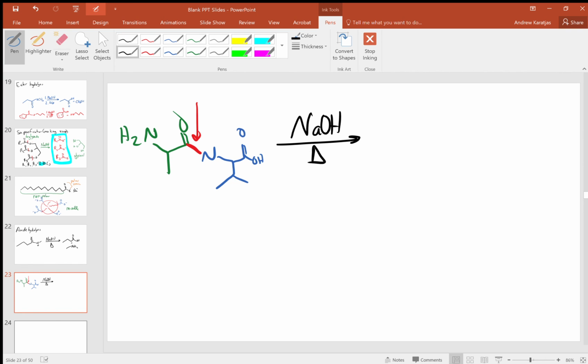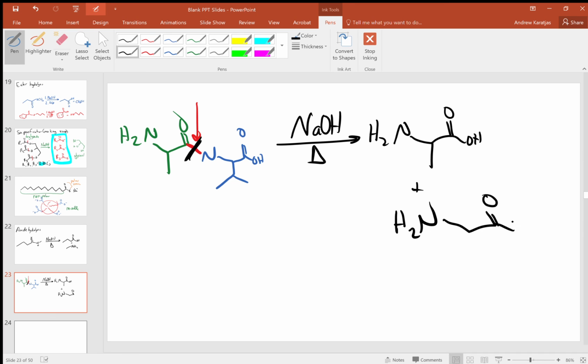And maybe some heat. Well, exactly the opposite reaction takes place. This red bond, the one that linked the two amino acids together, will now get broken. And so we end up with our carboxylic acid back on one side and our amine back on the other side.